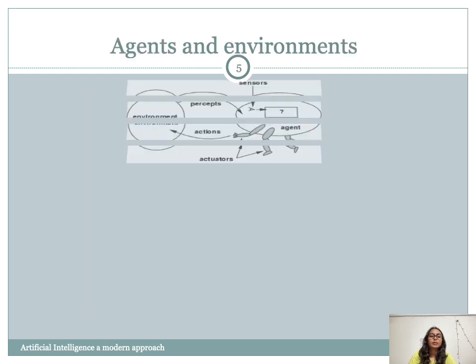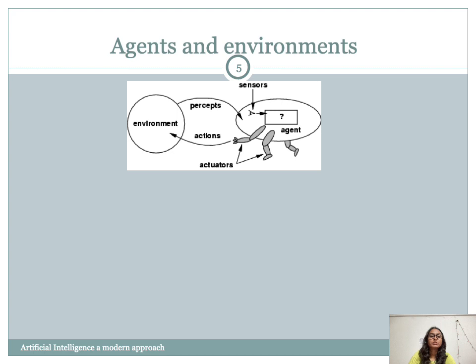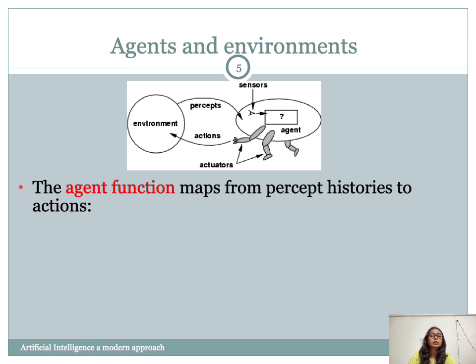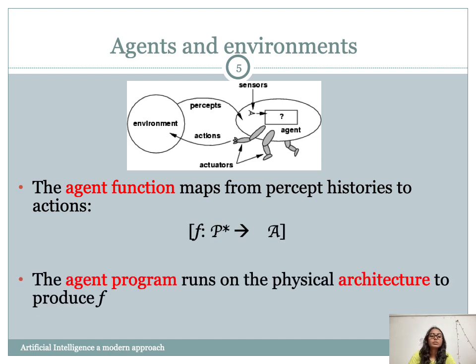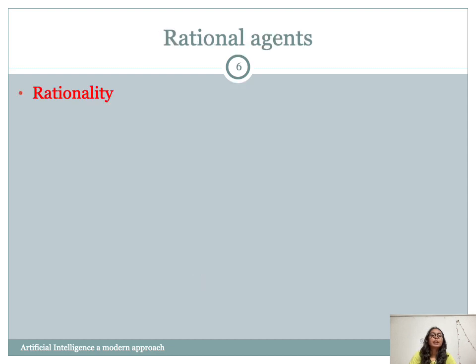So, agents and environments. Here is a pictorial representation. The agent function maps percept histories to actions, and then the agent program runs on the physical architecture to produce f.